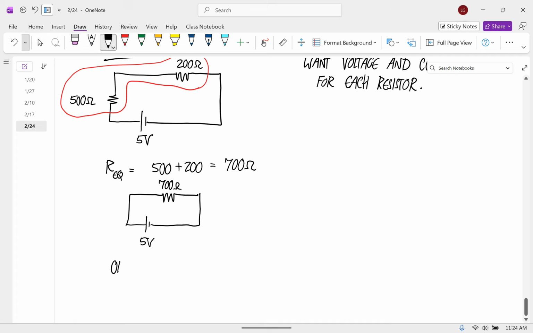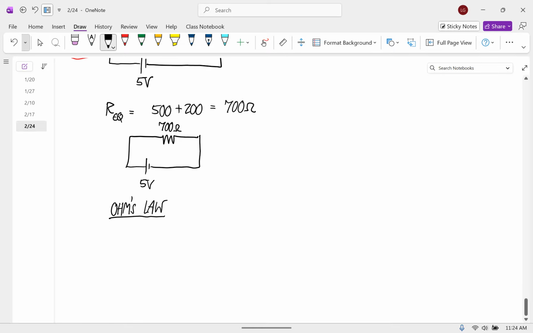So Ohm's law says the voltage 5 is equal to 700 I. And so I is equal to about 0.007 amps, or about 7 milliamps.